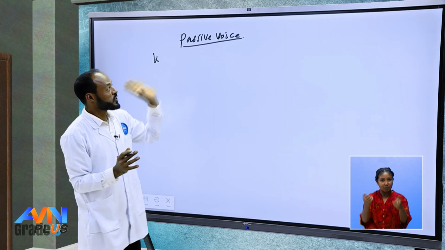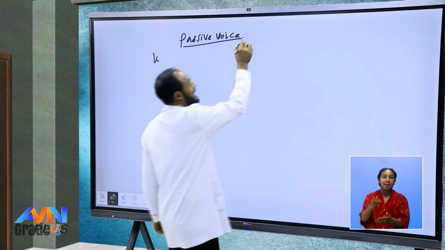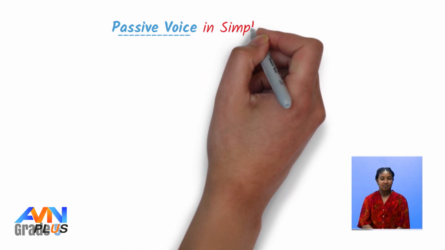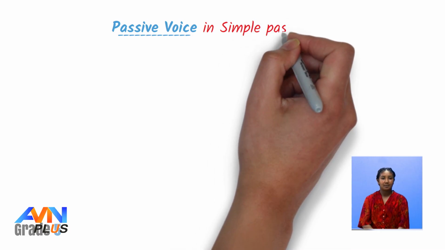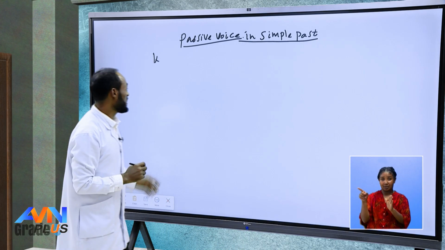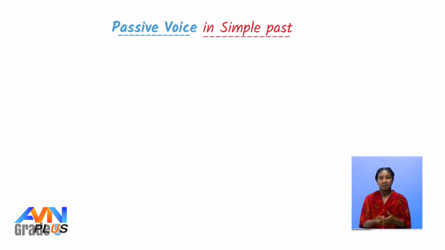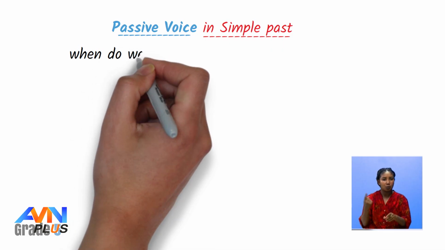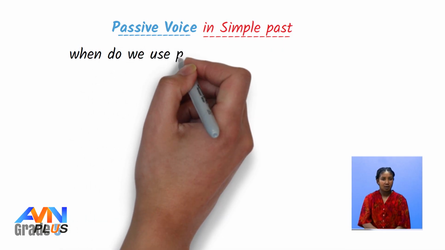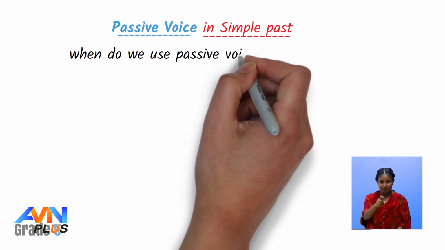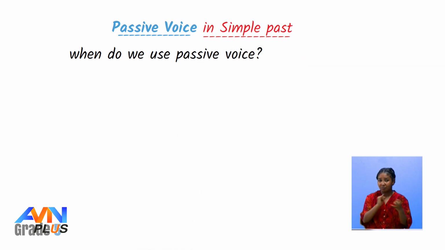Now it is time to talk about passive voice in simple past. I hope I'm clear. Bravo. Here, when do we use passive voice? Do you know that? I hope you have some information.